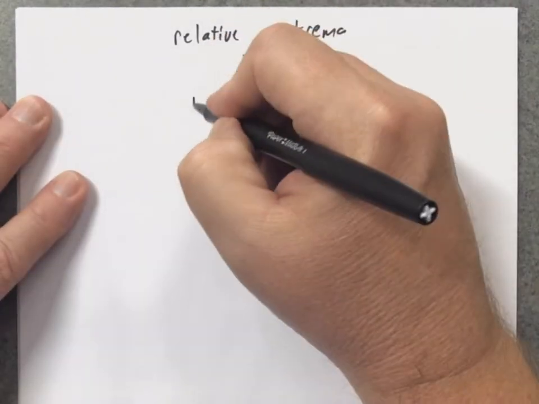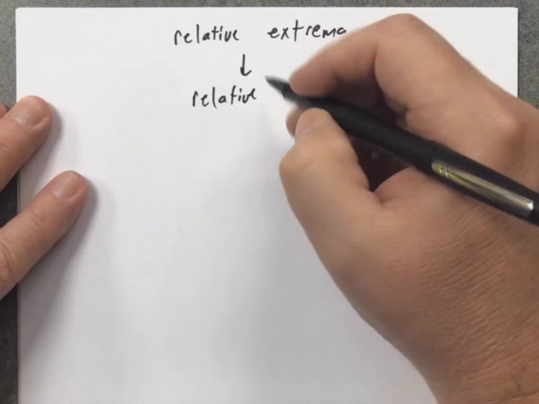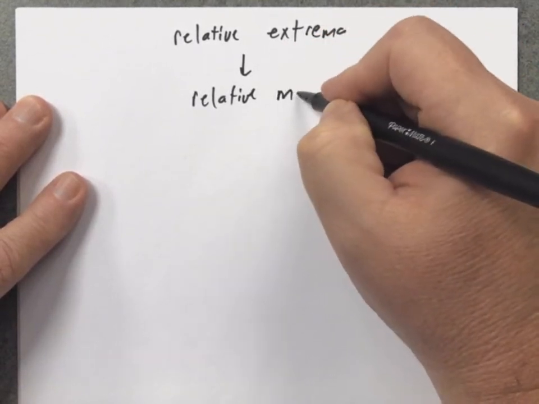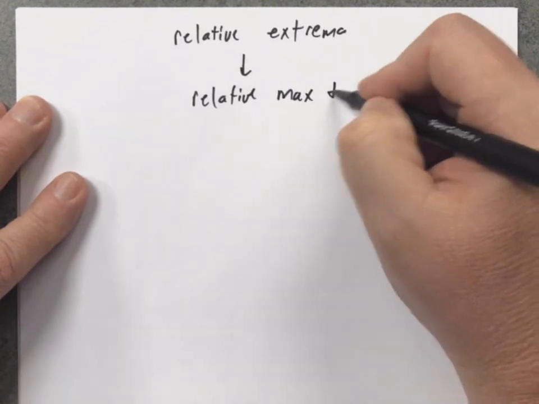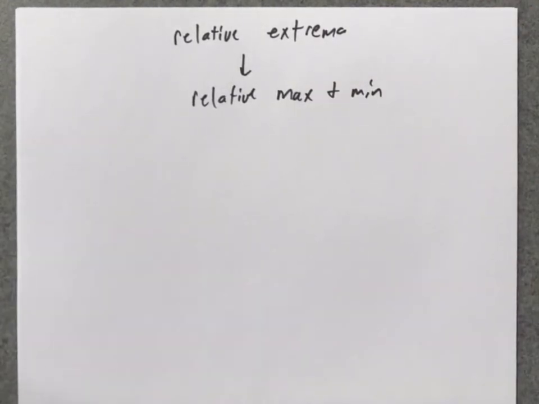What that means is, to make it a little clearer, extrema means either maximums or minimums. So really, relative extrema means either relative max or relative min. And once again, I'm going to start using the word max and min instead of maximum and minimum, just to save my breath.